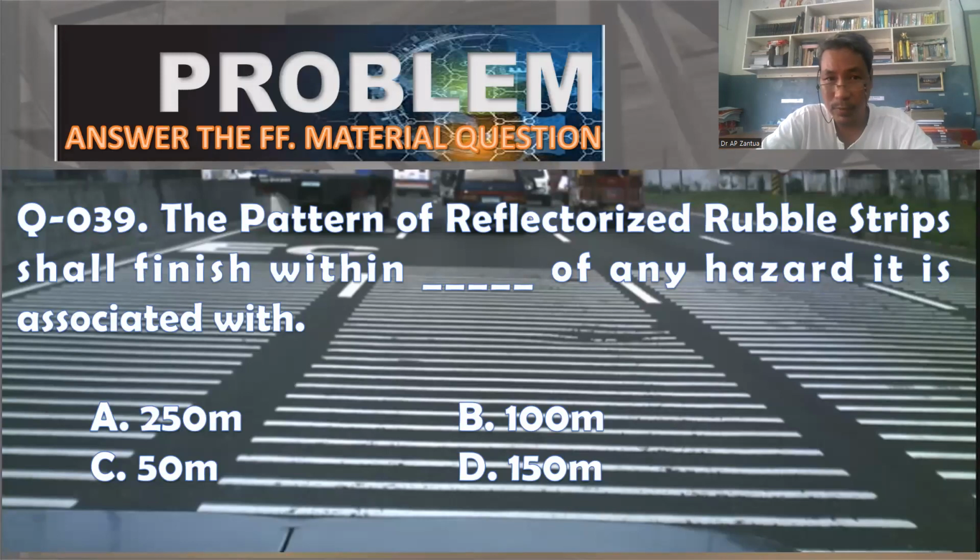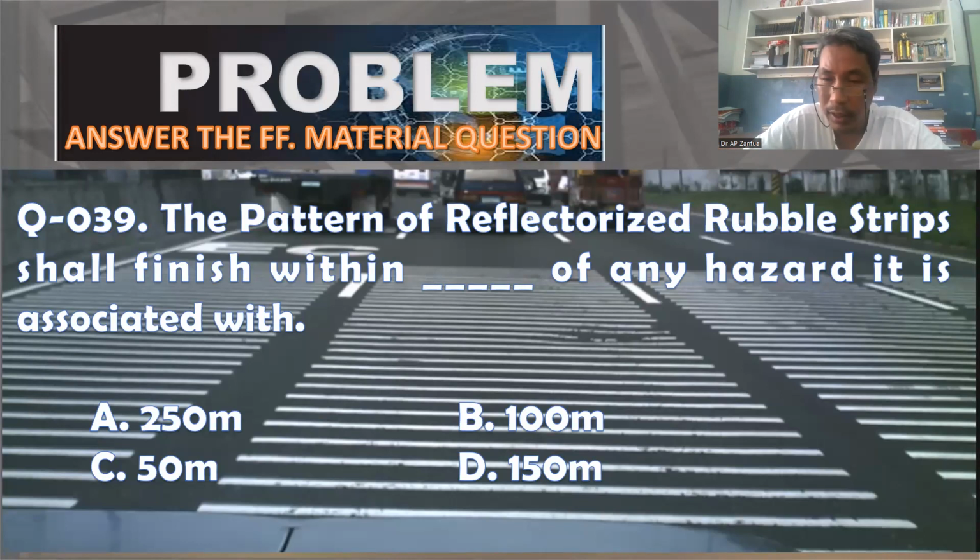And for our challenge problem, let us use some scratch or answer this directly on the comment section below. Problem number 39, the pattern of reflectorized rumble strips shall finish within blank of any hazard it is associated with. So again, there is a typo error.